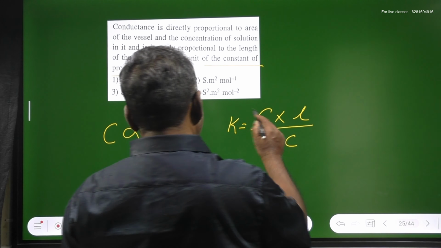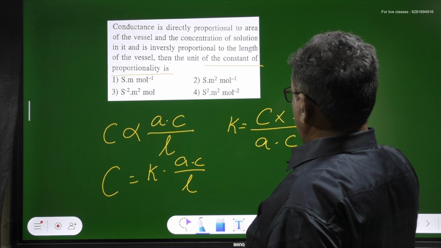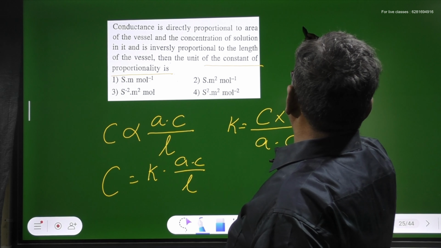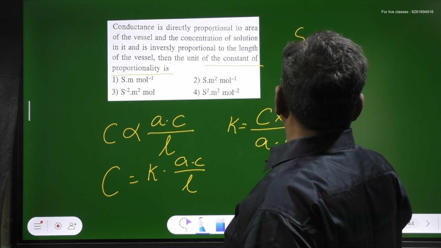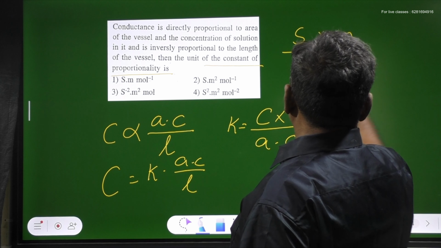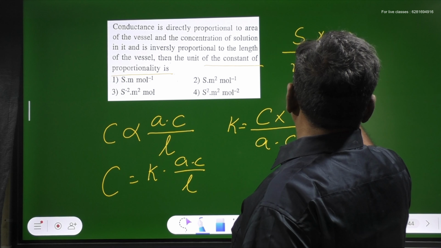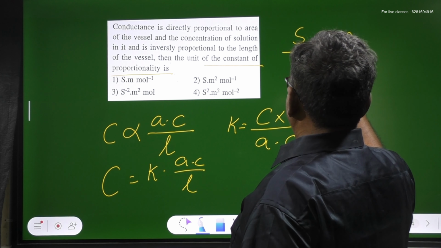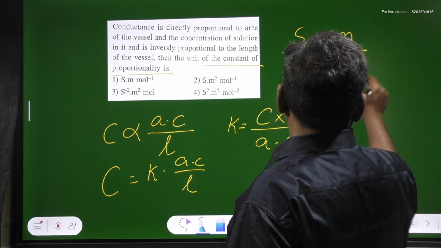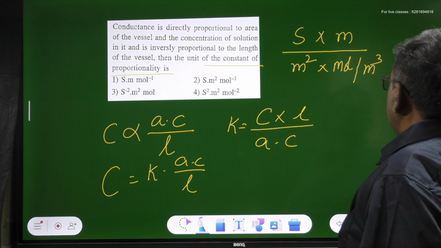So this conductance is measured in Siemens, length is measured in meters, area is measured in meter square, and concentration is measured in moles per cubic meter.